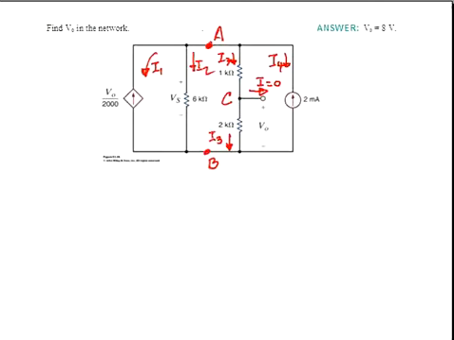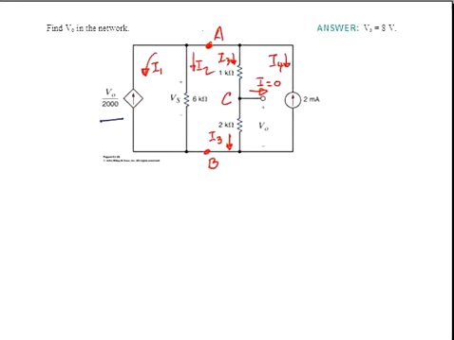So we'll do a KCL expression. We have this dependent source, and the voltage dependence is that the current is the voltage VO divided by 2000.